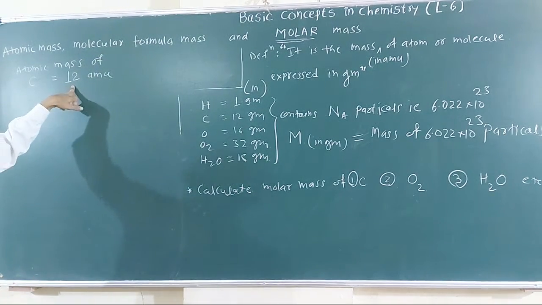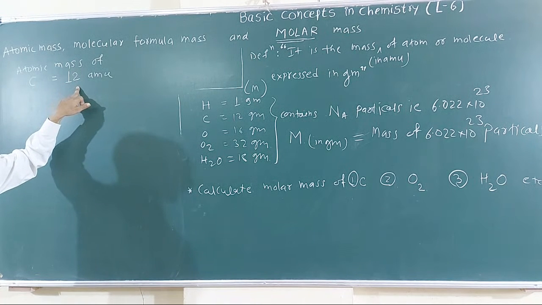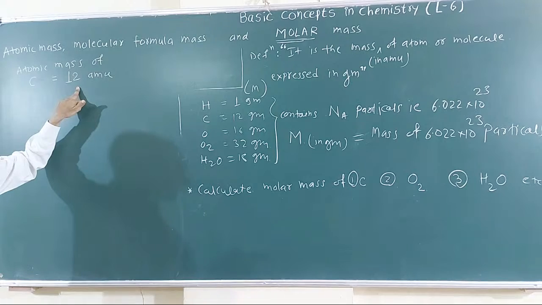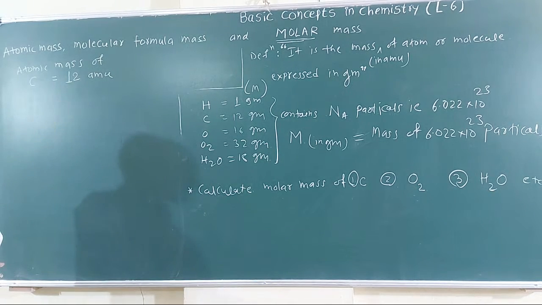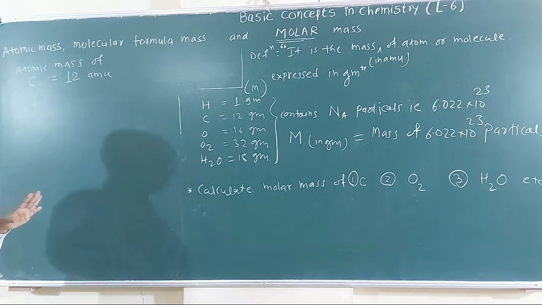What does it mean? It is 12 times more massive than hydrogen. The carbon-12 isotope itself is used as a reference to determine the atomic masses of the elements.